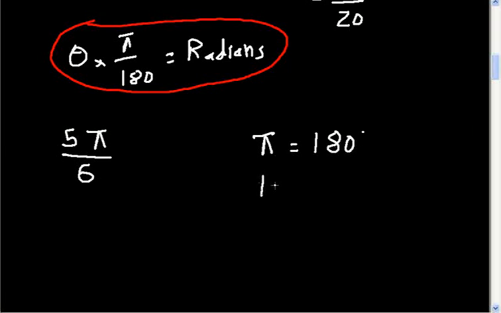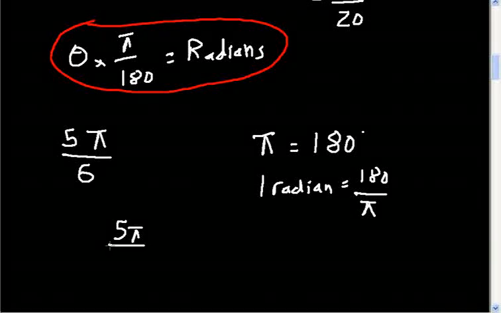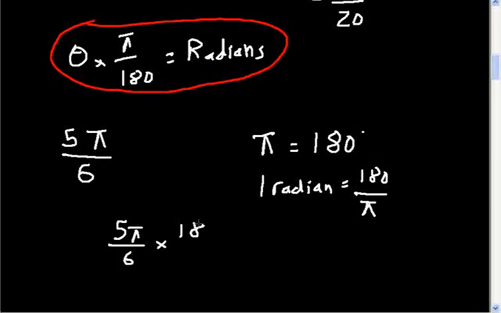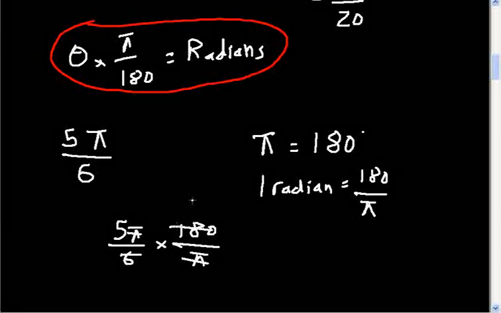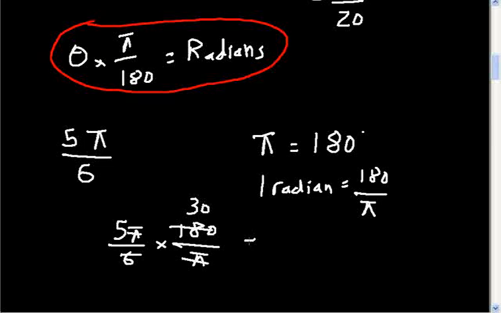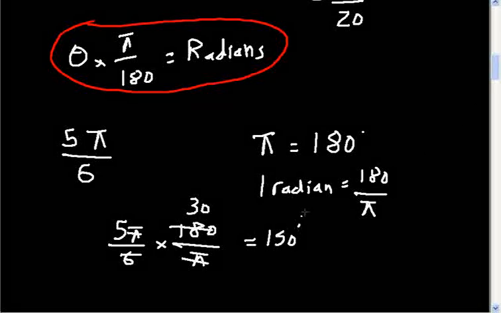So therefore 1 radian should be equal to 180 divided by pi. So 5 pi by 6 radians should be 5 pi by 6 times 180 divided by pi. Let's multiply those together. Pi and pi cancel, 6 and 180 cancel to give you 30. That is equal to 150 degrees.